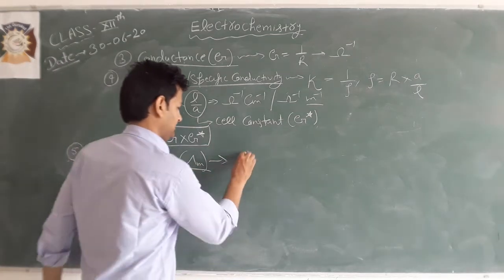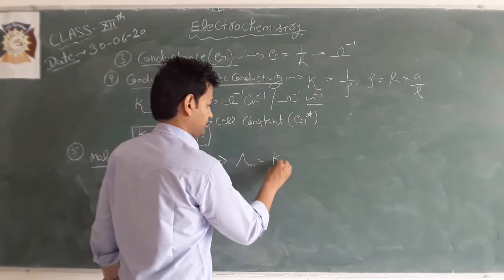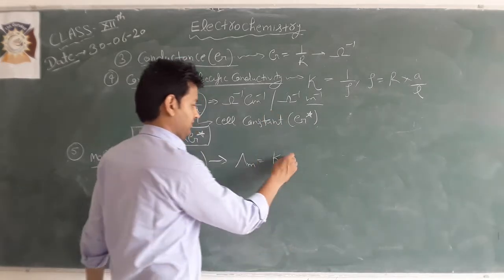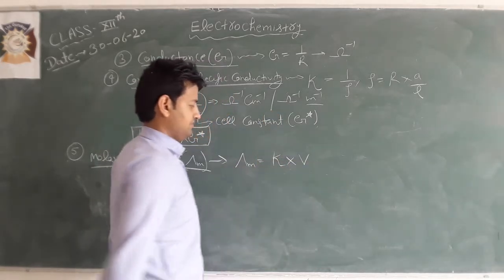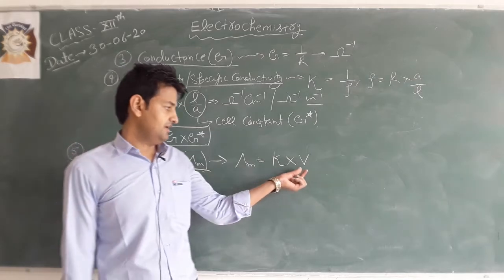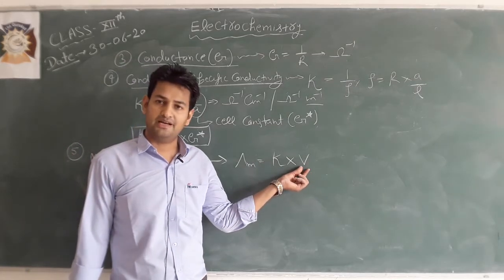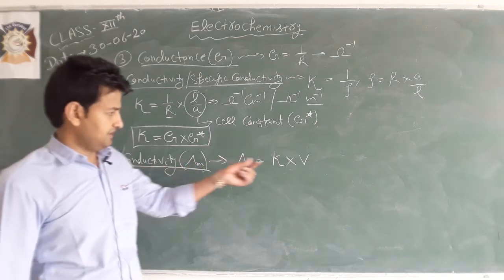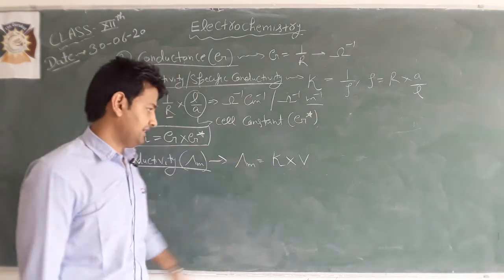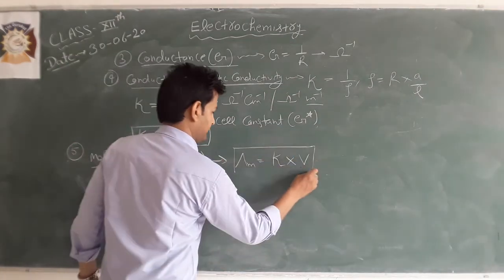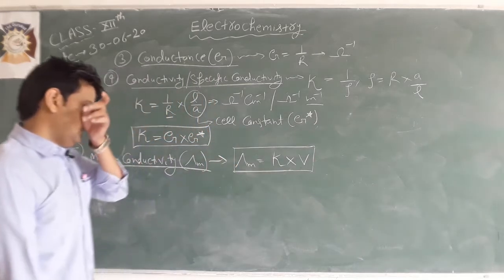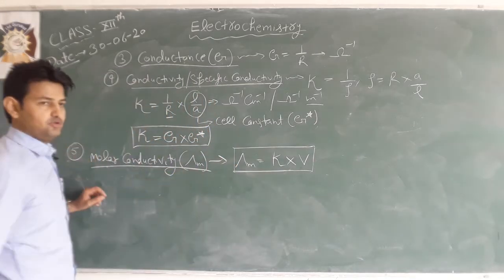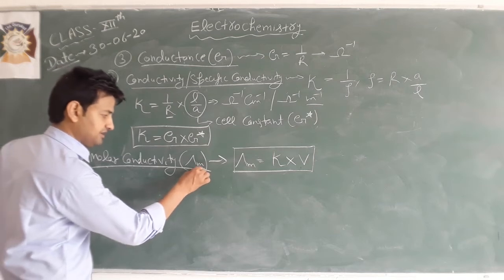Molar conductivity is simply the product of specific conductivity and the volume of solution containing 1 mole of electrolyte. What do you mean by volume of solution containing 1 mole of electrolyte? 1 mole of electrolyte means it is molar conductivity.